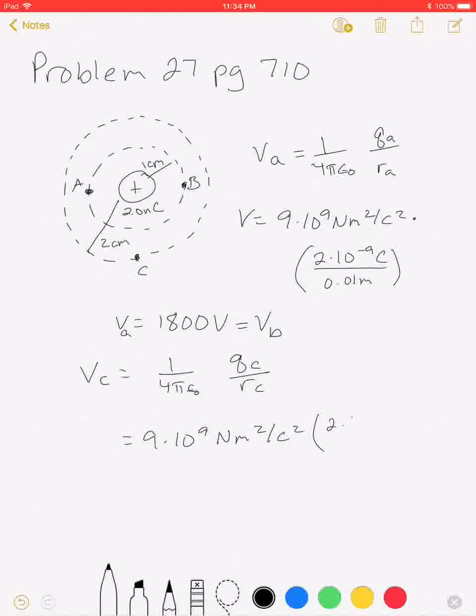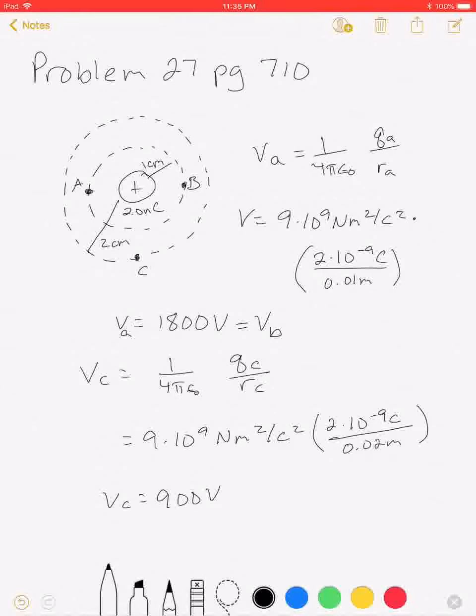Our charge is still the same as before, but the distance is 0.02 meters, which means we have V at C is going to be equal to 900 volts, and you'll notice that's half of what it is at the other location.